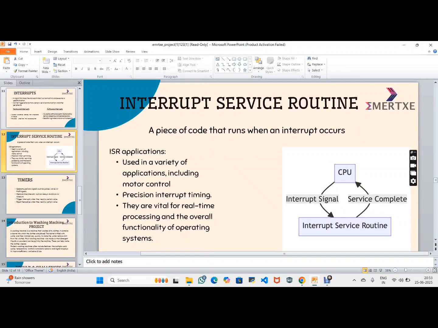Interrupt timing plays a vital role in real-time processing and the overall functioning of the computer operating system. When the interrupt service routine completes, control goes back to the CPU, and the CPU again starts the older program.